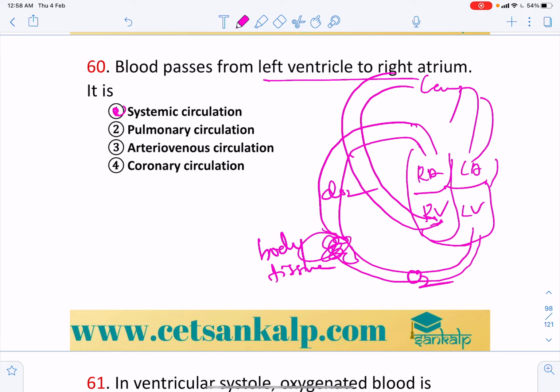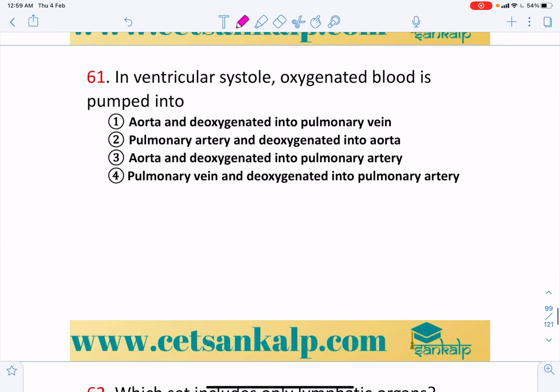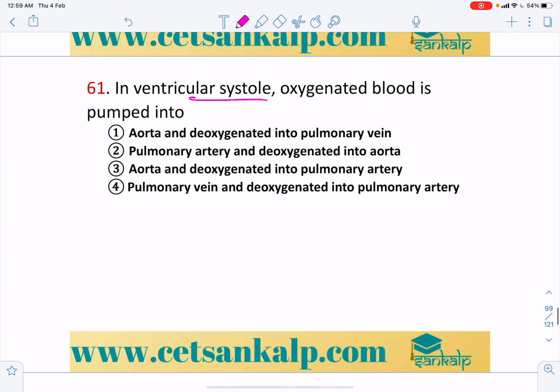Systemic circulation: blood passes from left ventricle to right atrium. Right ventricle to left auricle is pulmonary circulation. Next, during ventricular systole, oxygenated blood is pumped into the aorta.